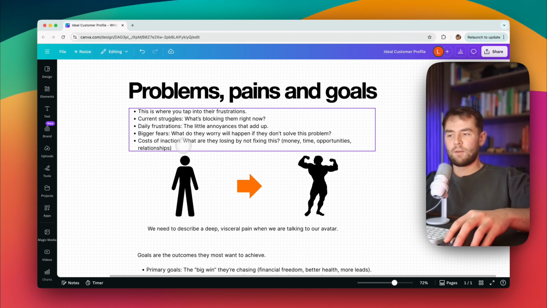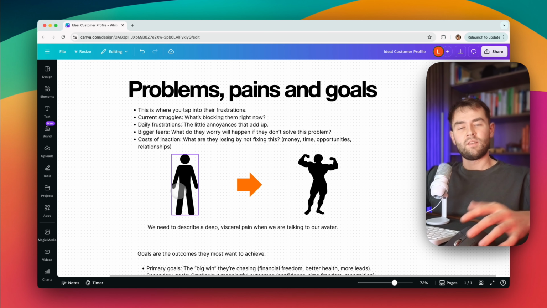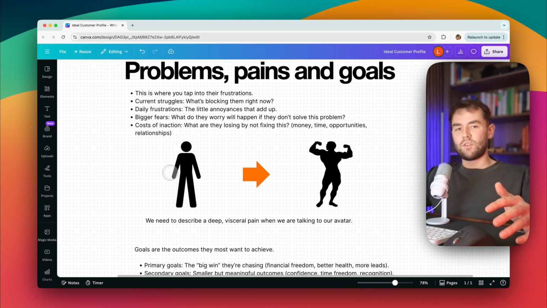So just to give you an example, we could be looking at a man who's really skinny, and he wants to get bigger, he wants to get more muscular by going to the gym. And we need to describe a deep visceral pain when we're talking to our avatar. So the types of things that we could be saying and thinking is, are you embarrassed?